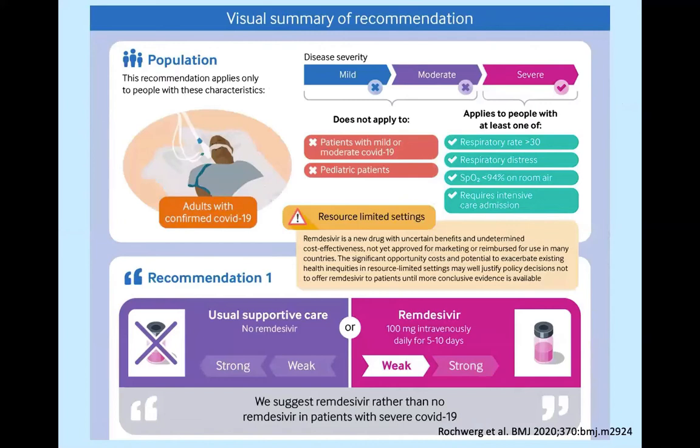Last week, BMJ published a set of recommendations for the use of Remdesivir, and it's recommended for patients who are severe, with a respiratory rate of over 30 breaths a minute, respiratory distress, oxygen saturations under 94% on air, and requiring ICU admission, with relatively weak grade of evidence.